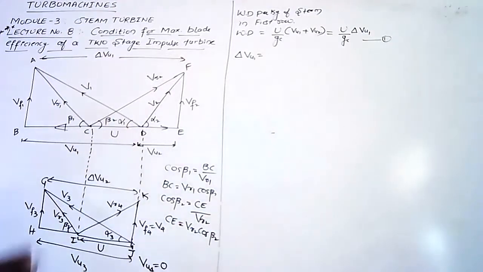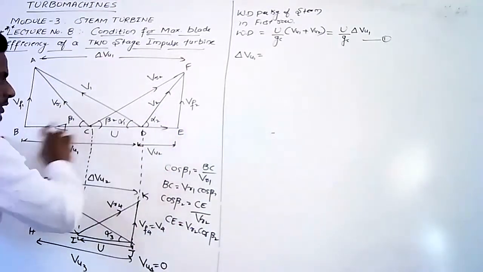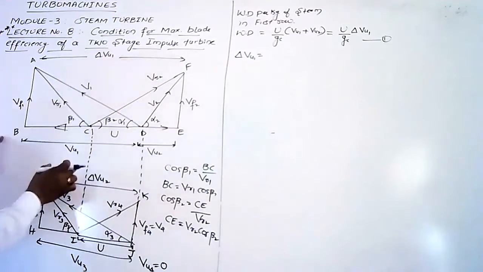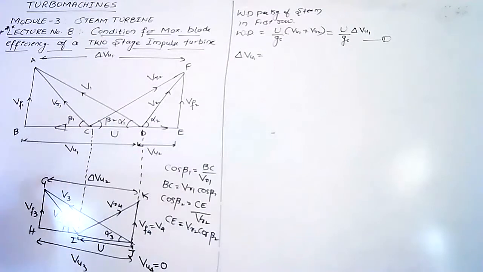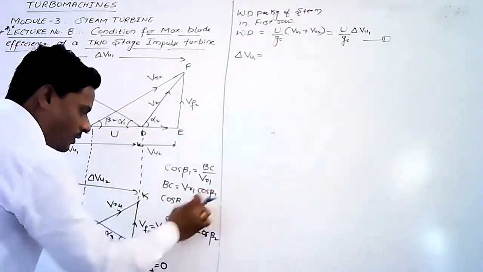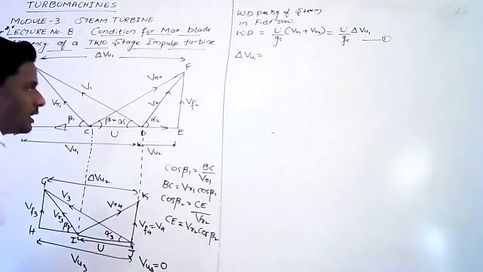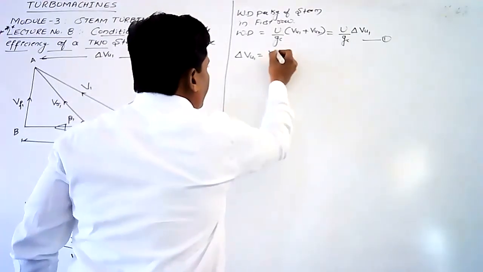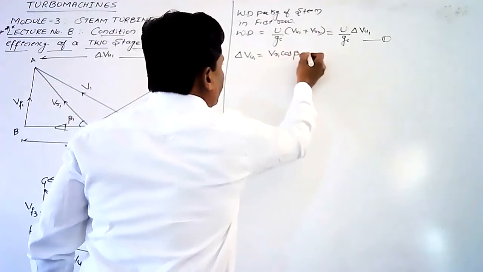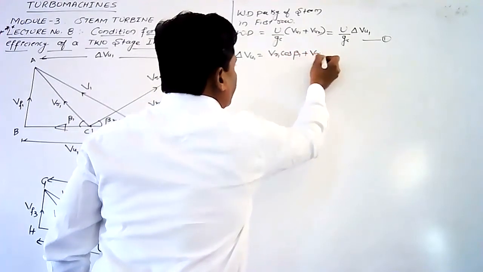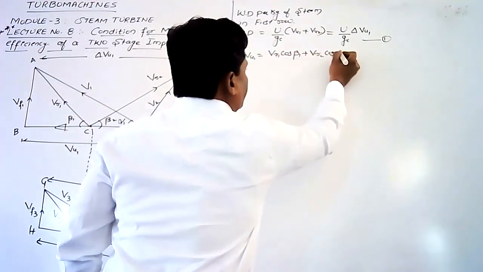I can write the total distance BE, that is delta VU1, in two parts, BC plus CE: BC as VR1 cos beta 1 and CE as VR2 cos beta 2. So VR1 cos beta 1 plus VR2 cos beta 2.